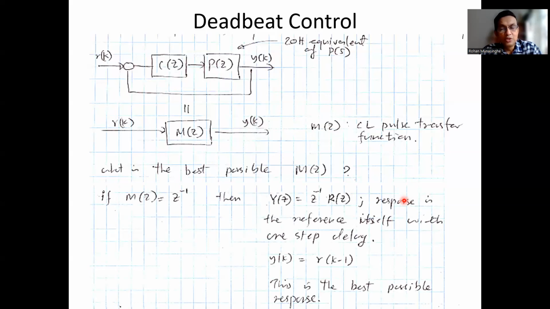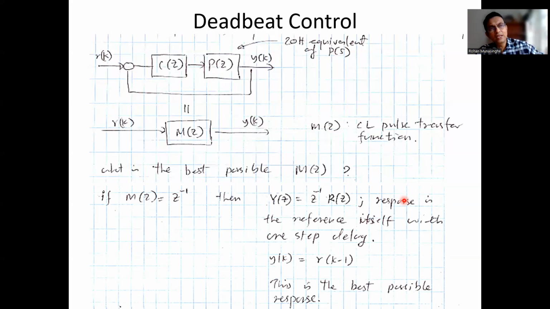MZ is equal to Z to the minus 1. Now, I'm sure many of you will say, oh, yeah, I knew it. Why didn't you tell me? It's Z to the minus 1. Z to the minus 1 is a delay. Z to the minus 2 is a two-step delay. Z to the minus 3, a three-step delay. You know that, just a delay.